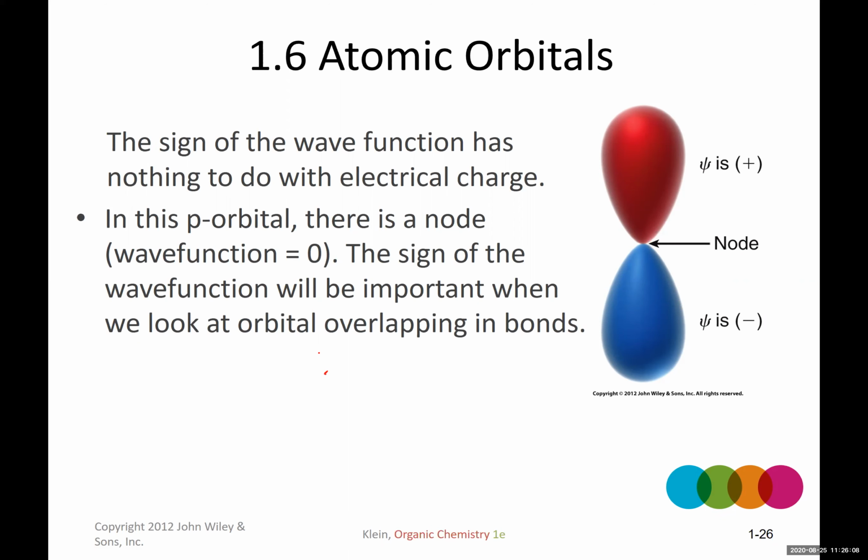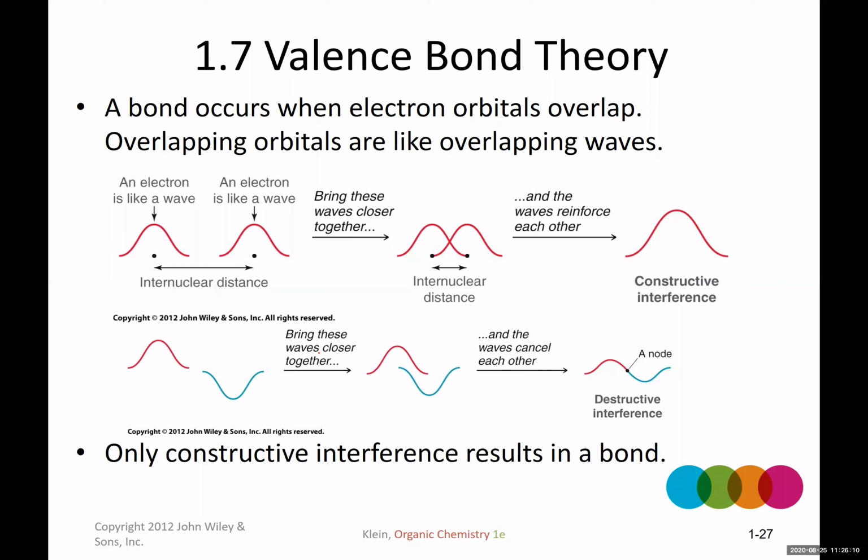Now I'll show you how waves are relevant for bonding. When two atoms come together, the electrons are in orbitals, right? Those orbitals have to interact, and they can interact in two ways. They can reinforce each other. If the electron in the orbital of this atom interacts with this one, and they both have a positive phase, they're in phase.